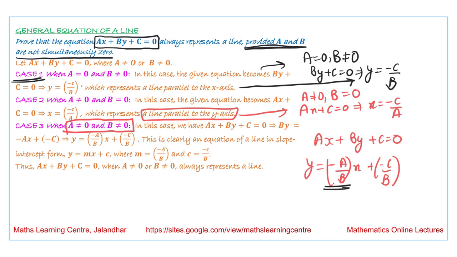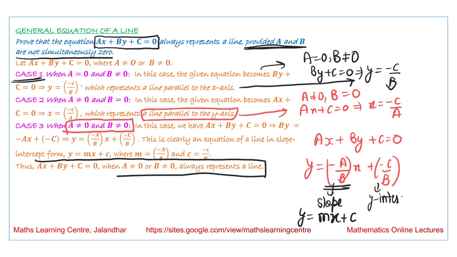The first term gives us the slope of the line, and the second gives us the y-intercept. It is the slope-intercept form, y is equal to mx plus c. So what we obtain is that ax plus by plus c is equal to 0 always represents a straight line when a and b are not simultaneously equal to 0.